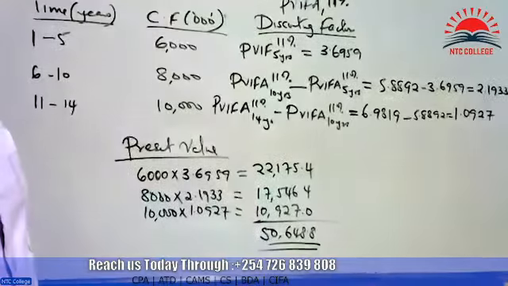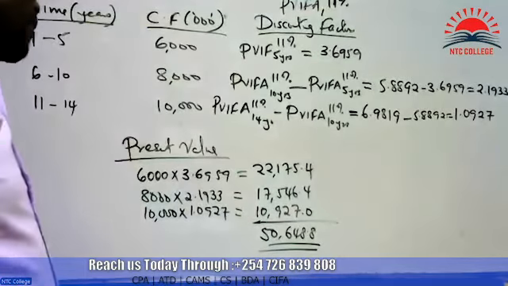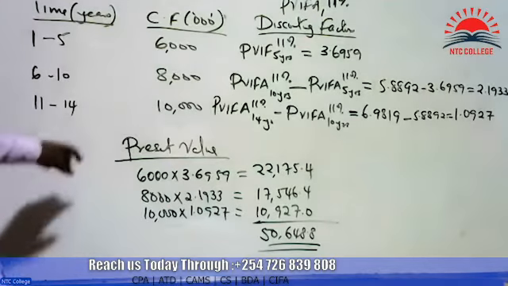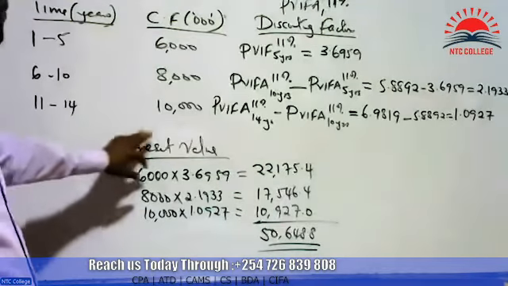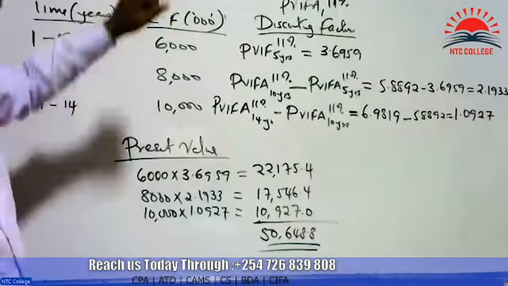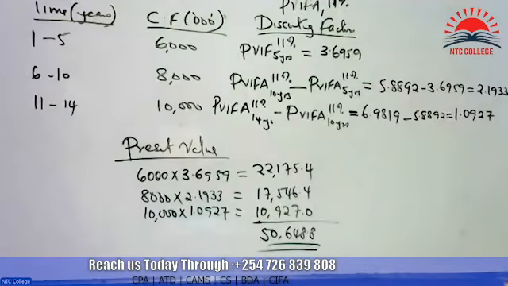Right? So that is what you get. 50,648.8. So that is the value. That is not net present value, but is the present value. So we can get the value of that property using the discounted cash flow method. So that is the present value. Is it easy?